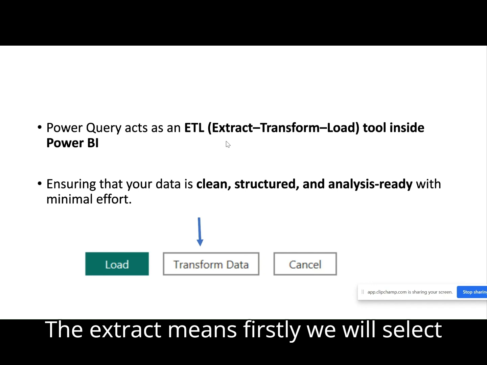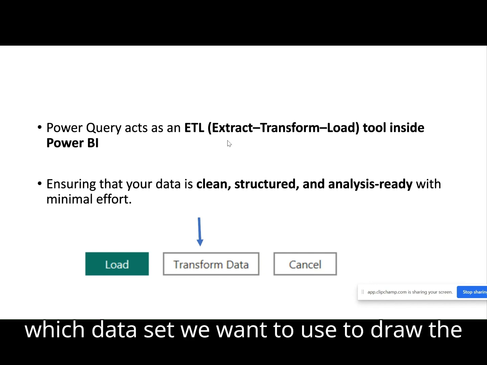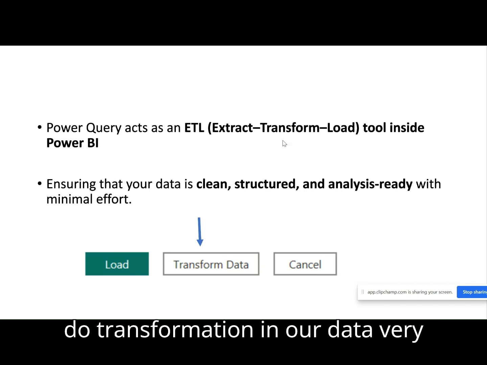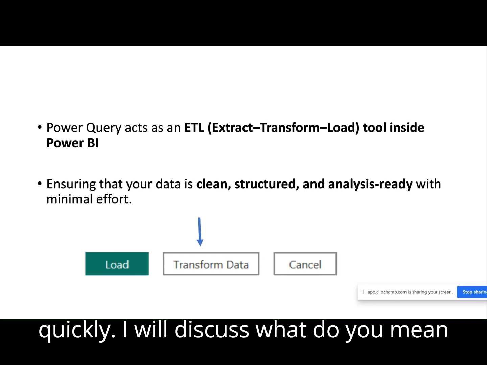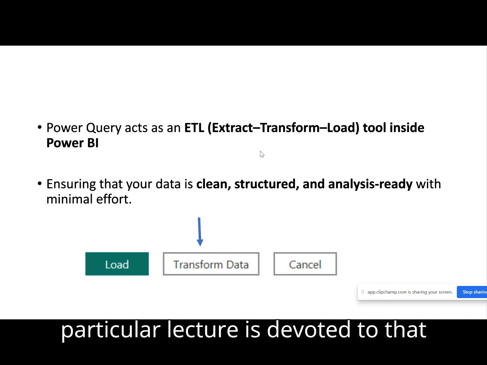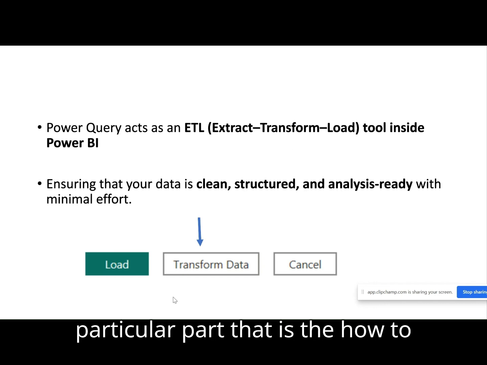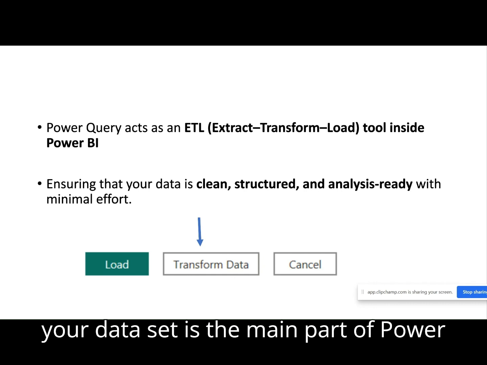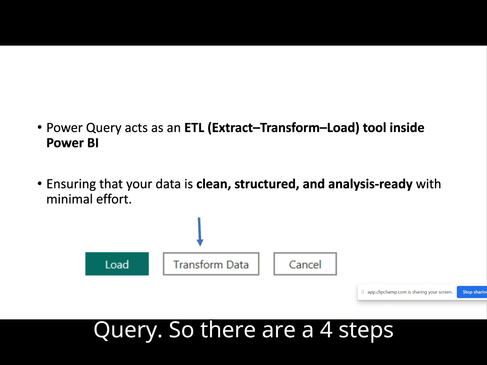Extract means we first select which data set we want to use to draw the visualization. Transform means we will do transformation in our data. Very quickly, I will discuss what transformation means. This lecture is devoted to how to transform our data set, which is the main part of Power Query.